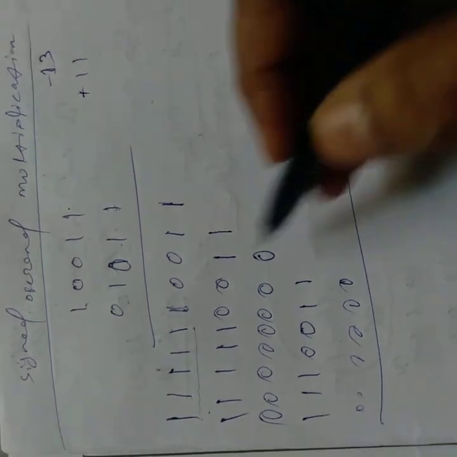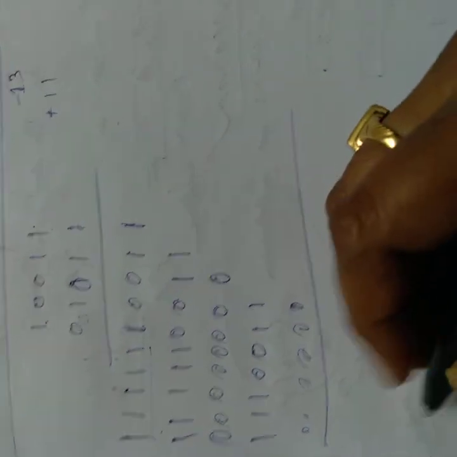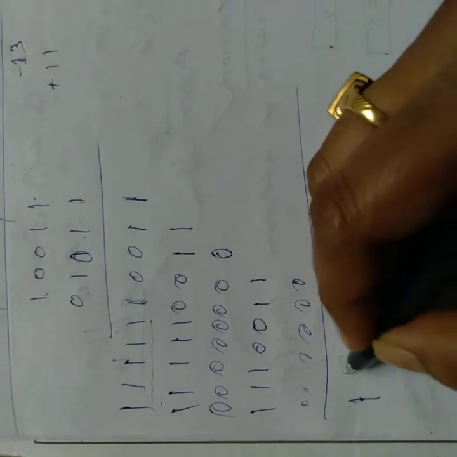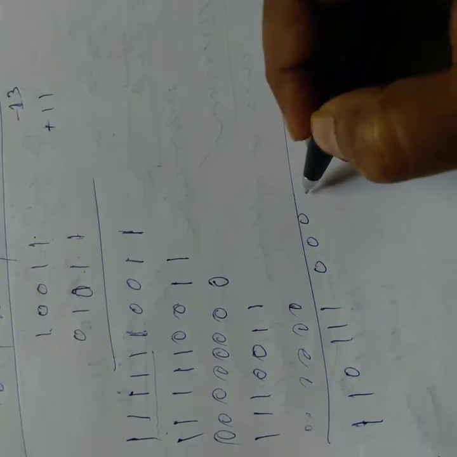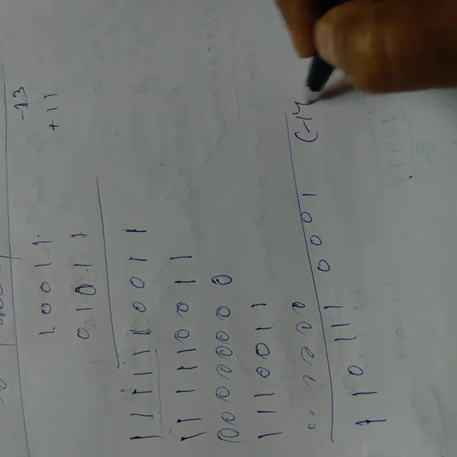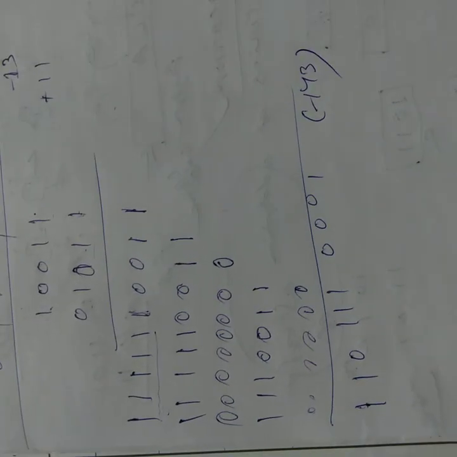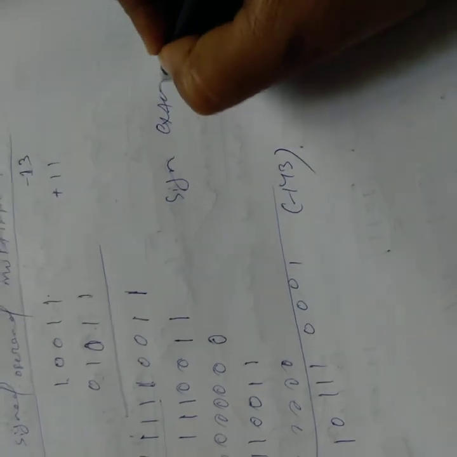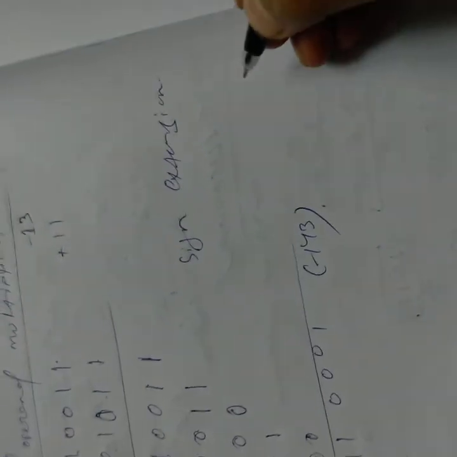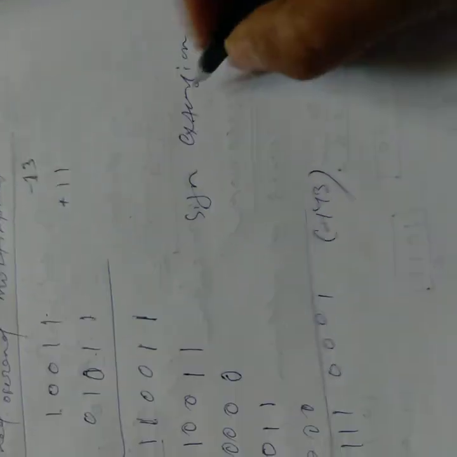Now you have to add this up in total. The result will be 1 1 0 1 1 1 0 0 0 1, which is minus 143. Okay, so this is called sign extension.